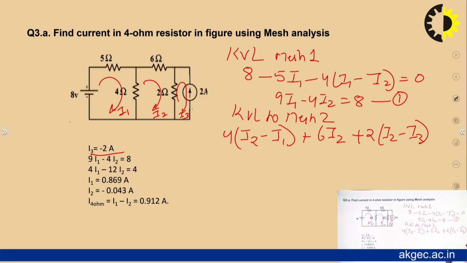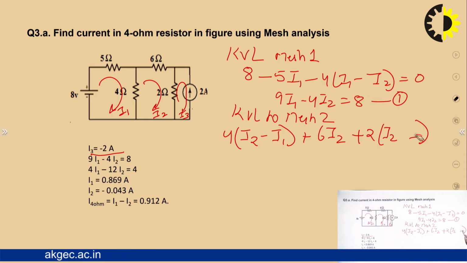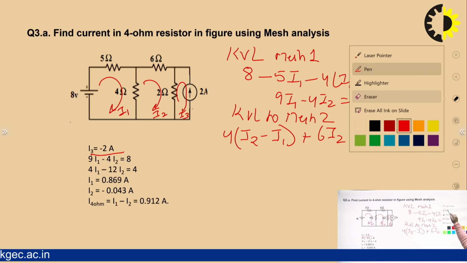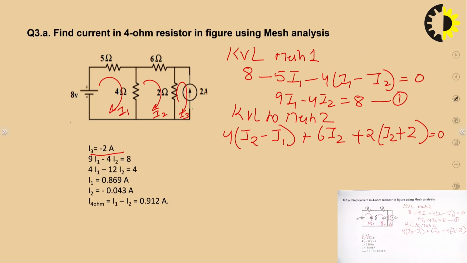And now in this, I2 is unknown, I1 is unknown, but we know the value of I3. What is the value of I3? I3 is equal to minus 2. So it is minus of minus 2, so this becomes plus 2 here. So I may just keep it as plus 2 is equal to 0. Resolving this particular equation, I'll have 4I1 minus 12I2 is equal to 4. This is the second equation.